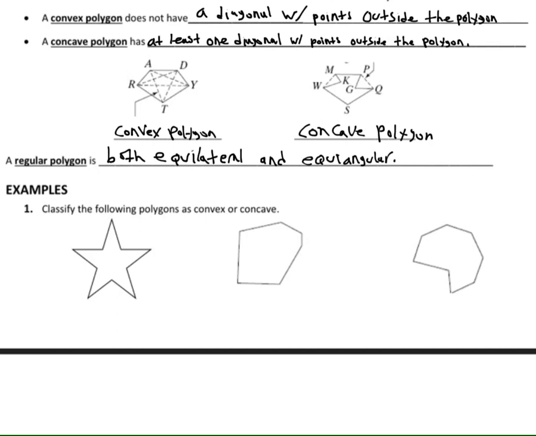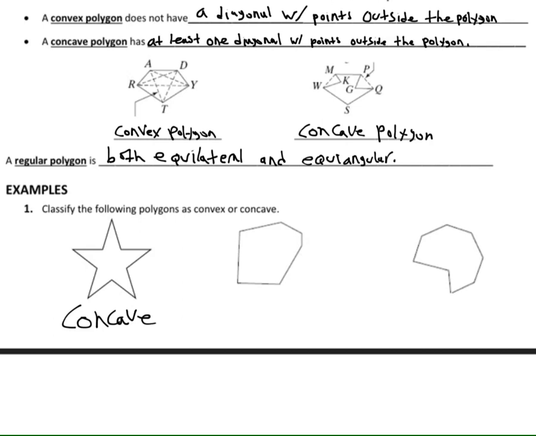First example says to classify the following polygons as convex or concave. Earlier, looking at the definition, this first one is going to be a star. You can probably see that all of these points are going into the shape, so that is going to make this a concave polygon.